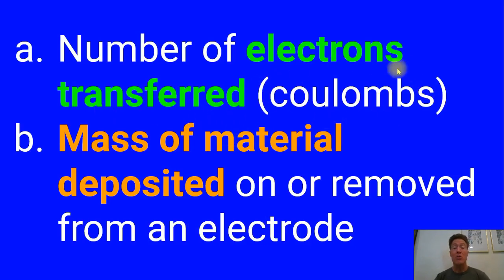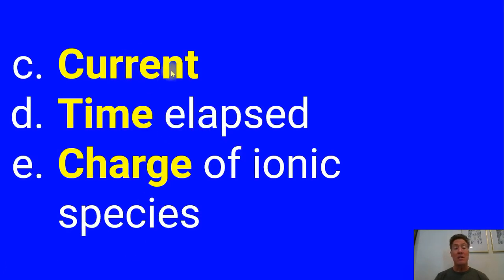We keep track of that in coulombs, remember. Every coulomb is about 6 times 10 to the 18th electrons. We're going to keep track of the mass of the material deposited on or removed from an electrode. We're going to keep track of the current, that's the rate, and the time, and then the charge of the ionic species.